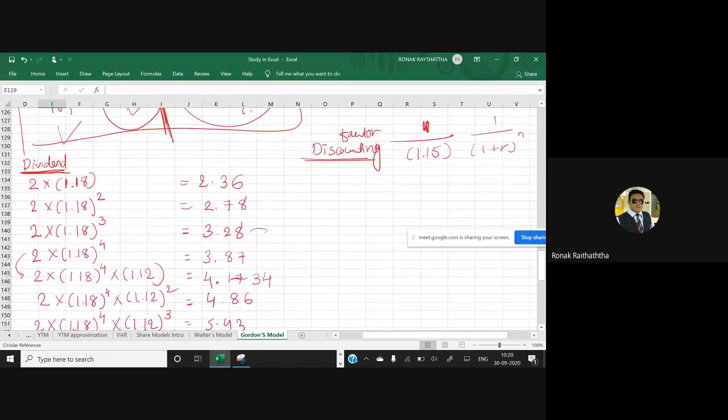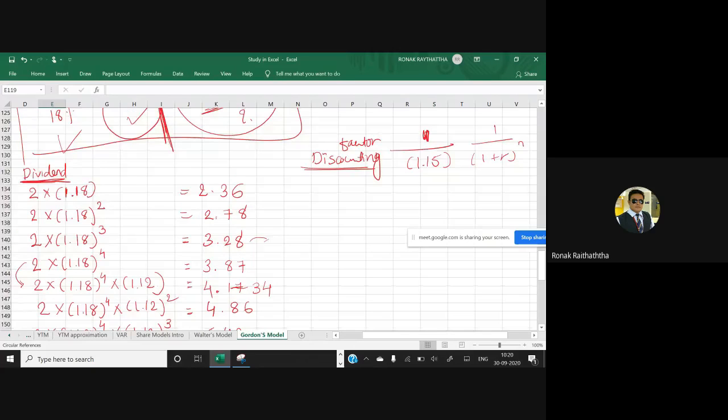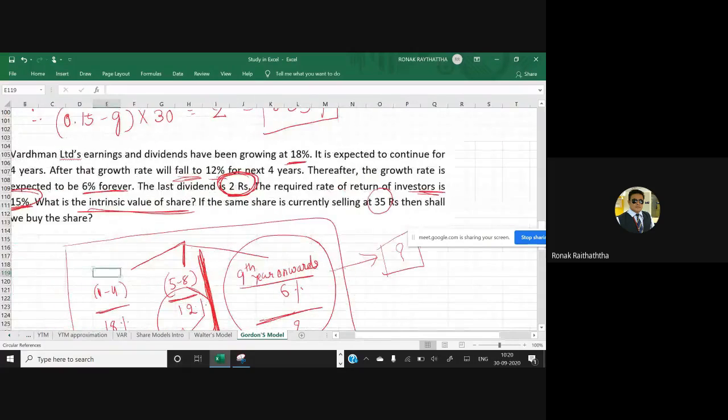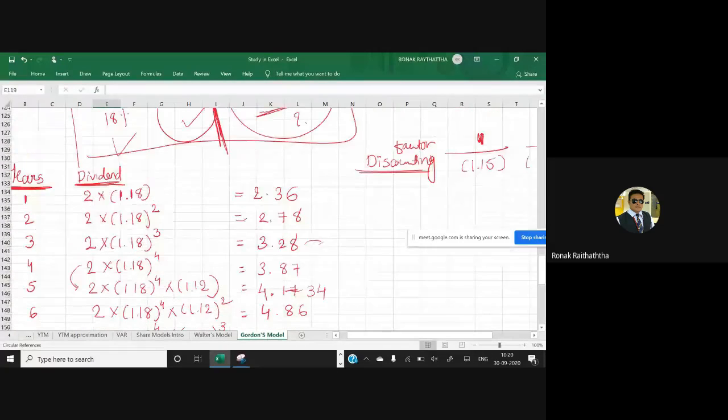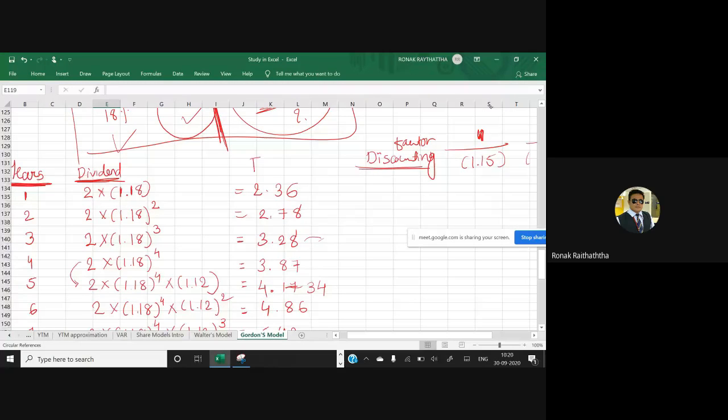I hope you have got how to find the discounting factor. 1 divided by 1.15, and why I have taken 1.15, because 15% is the expectations of equity shareholders from ours. So that is the KE, and we are going to discount it by KE only. So this is my future value.